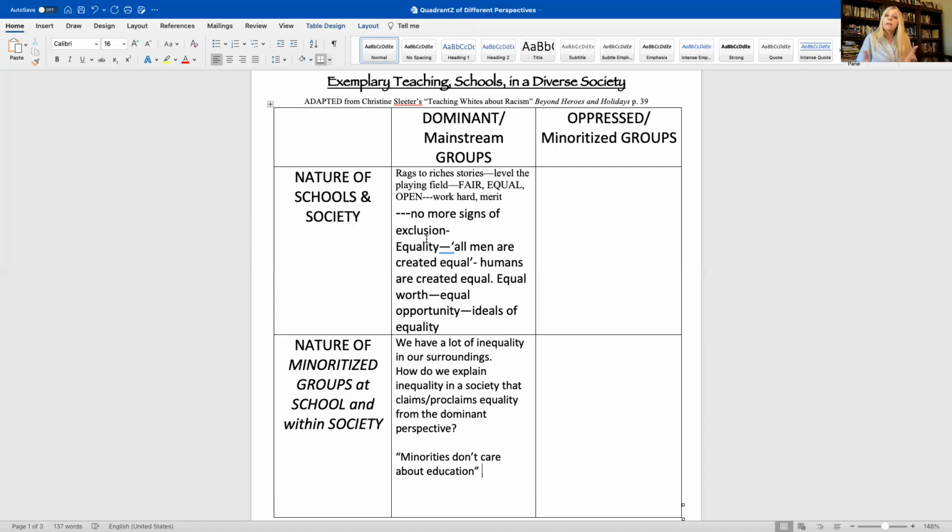How come our prisons are so black and so brown and our universities are so white? How do you explain it? Well, I'm going to put, they, which means minoritized people, they don't care about education. They, the royal they, don't raise their children right.